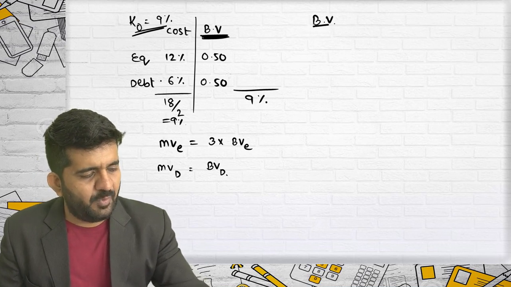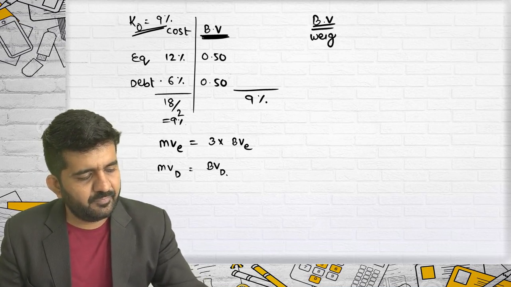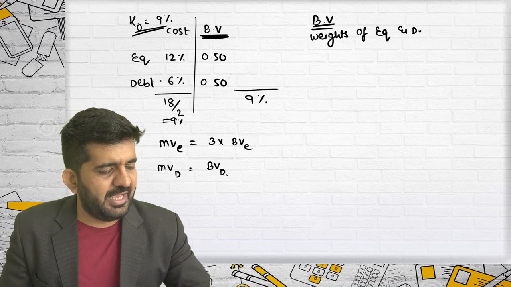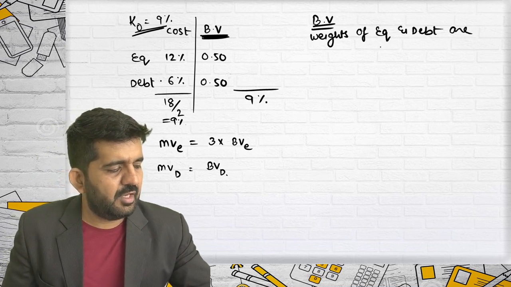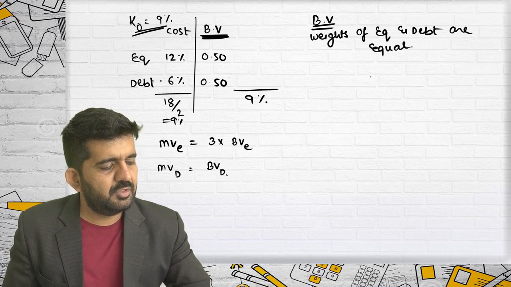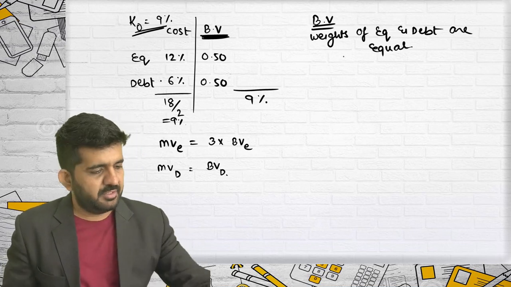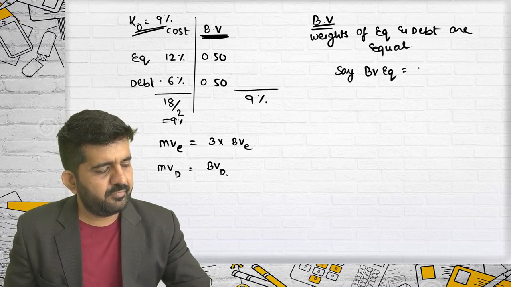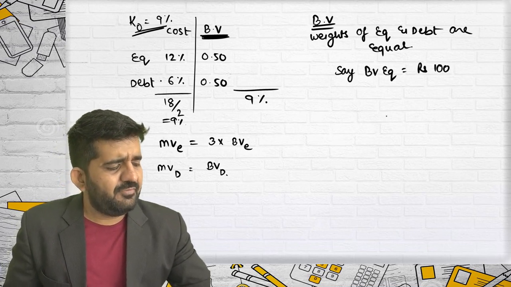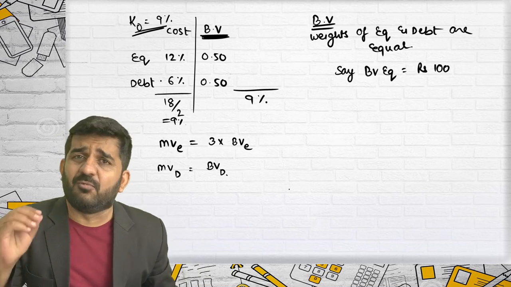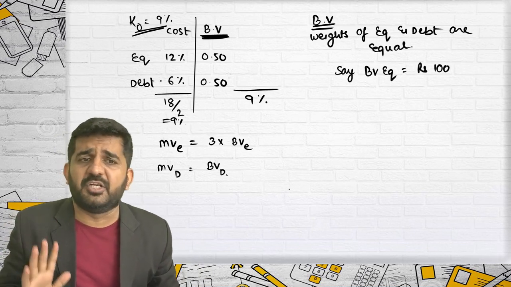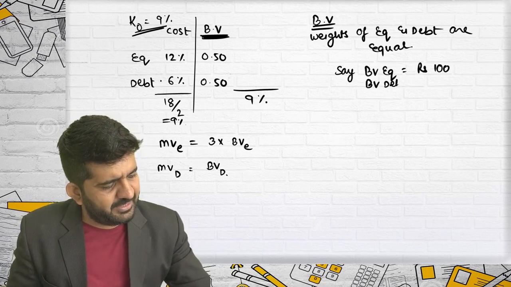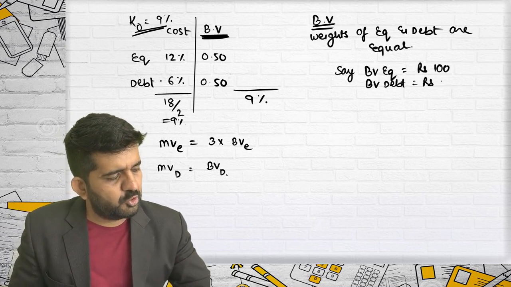So book value weights of equity and debt are equal. Is it right? Say book value of equity is rupees 100. See, when it is weight, you can take anything: 1 rupee, 100 rupee, 200 rupee, it does not make any difference. Is it all right? Then book value of debt will also be rupees 100.